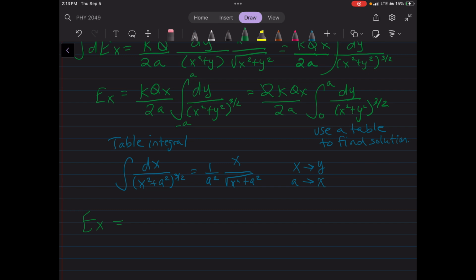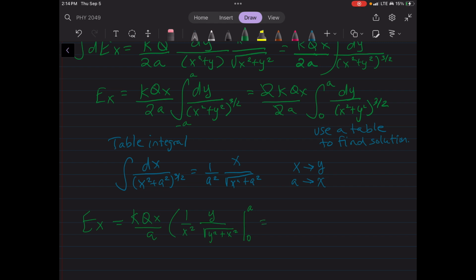So when I do that, I can write the result of this integral for Ex. All my constants stay in front. I'm going to get rid of the 2's. So I have kqx over a, and that is multiplied by the solution to the integral, 1 over x squared, y over the square root of y squared plus x squared, evaluated between 0 and a.